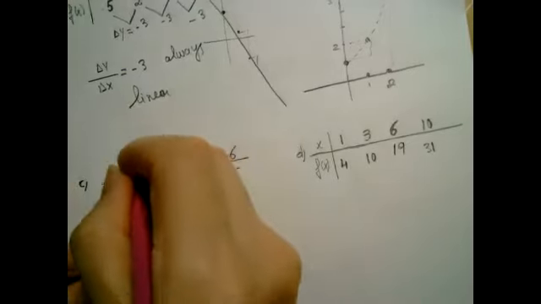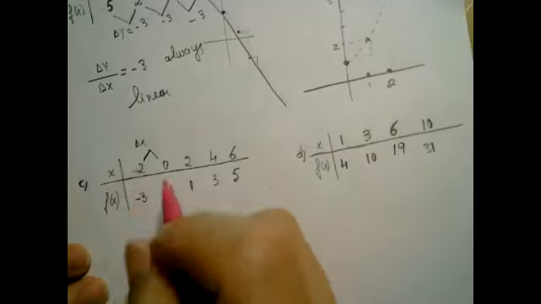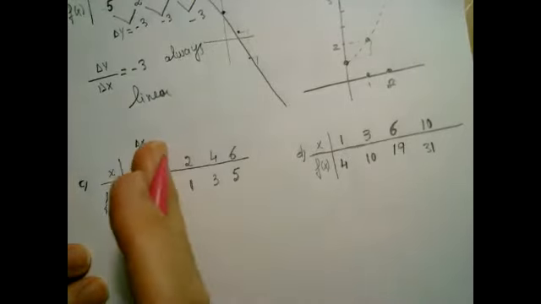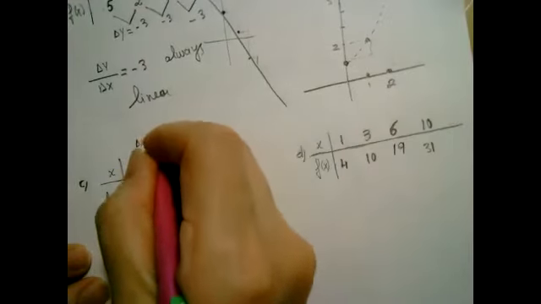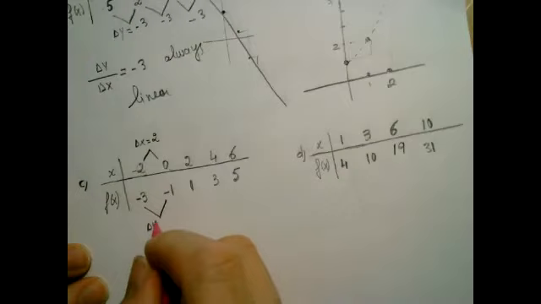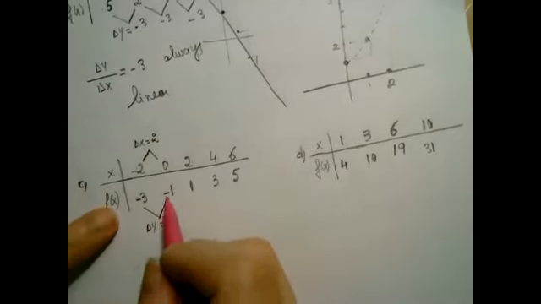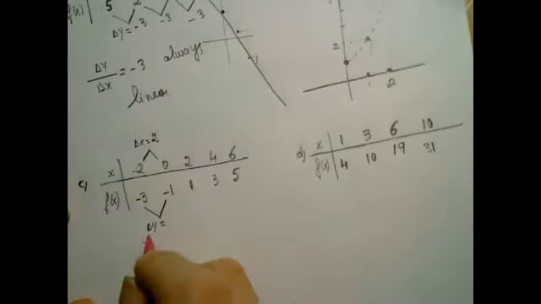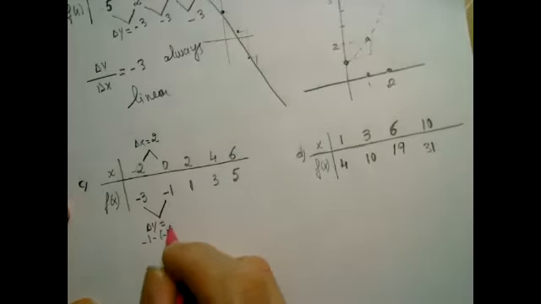Okay, what's the change in x from here to here? Between -2 and 0, x changed by 2 units, right? By how much did y change? From -3 to -1, it means -1 minus -3, which is 2.